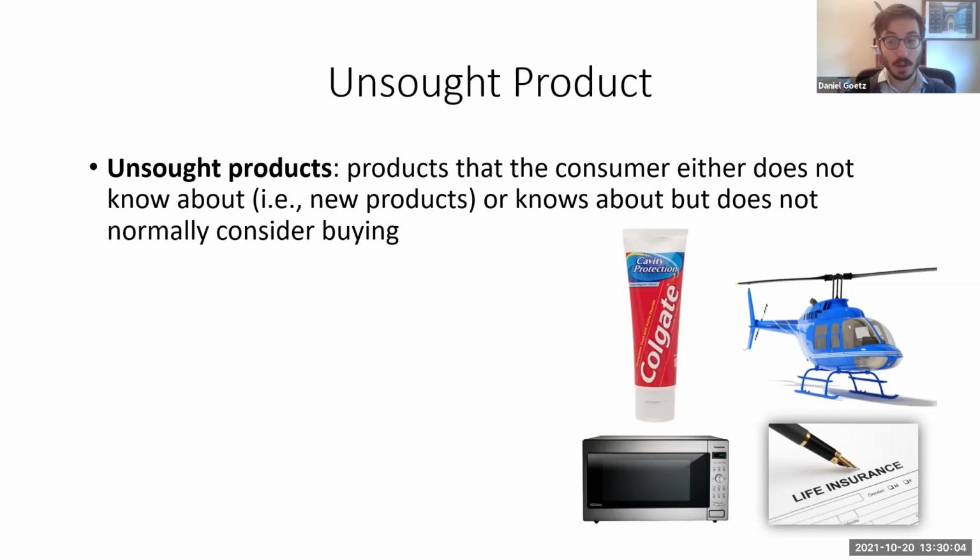So known products that are still unsought, you can think about things like funeral services, life insurance is the example we have here, donating blood, things like that. Whereas unknown, unsought products would include most major new innovations that haven't really made it through the first stage of the adoption process. Okay, prices really vary, right?